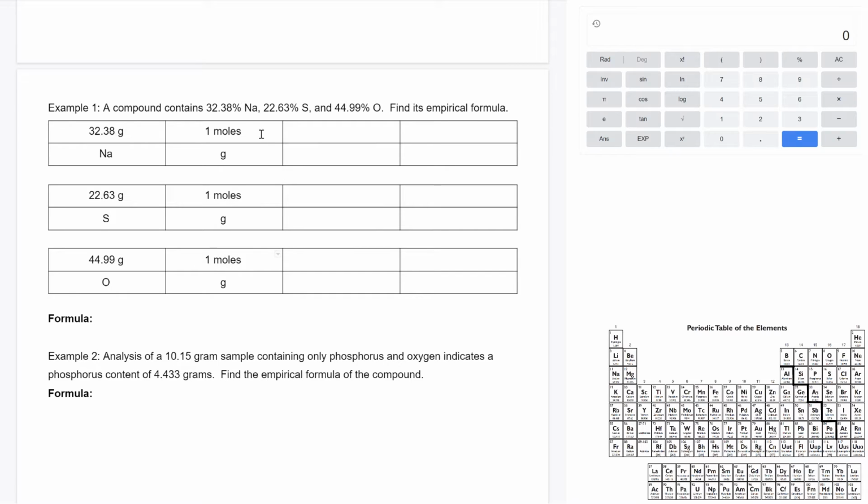From our conversion factor, anytime we're dealing with moles, the number that goes with it is 1 mole. If you don't remember that, look back at the mole conversions unit notes. Grams is going to be the molar mass for each element.